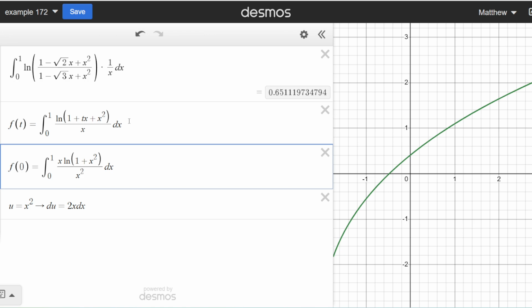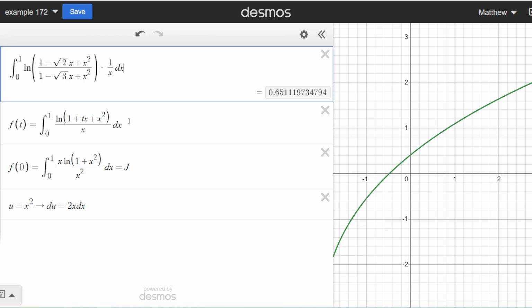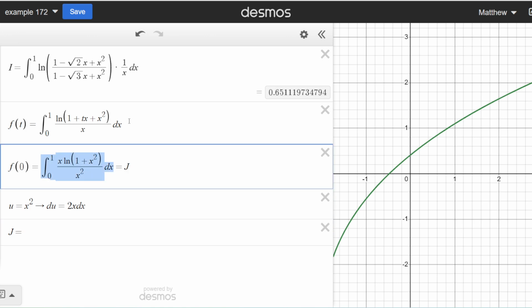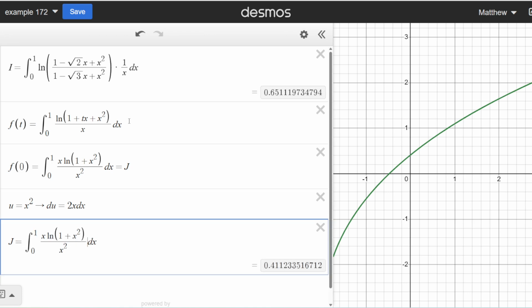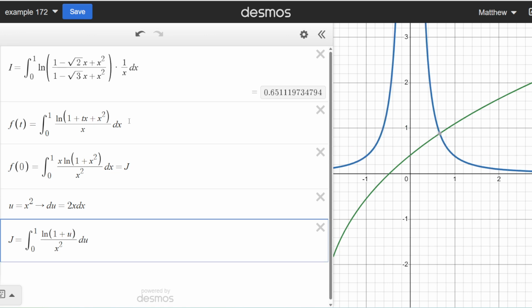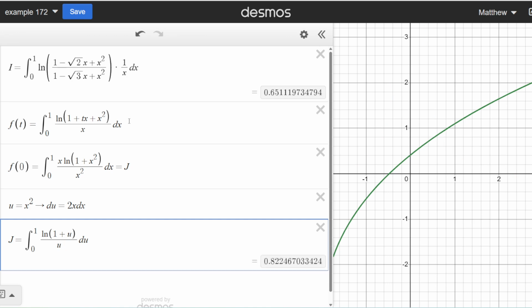Now let's call this integral j, and we'll label this one I. That means that j, using that substitution, is going to equal, well, bounds of integration are not going to change. This x dx becomes a du, this x squared becomes a u, and this x squared becomes a u.